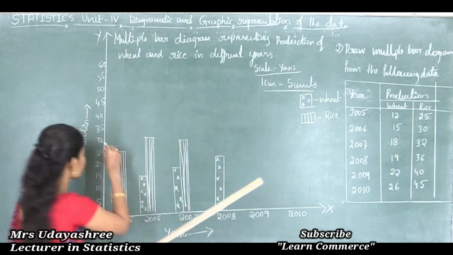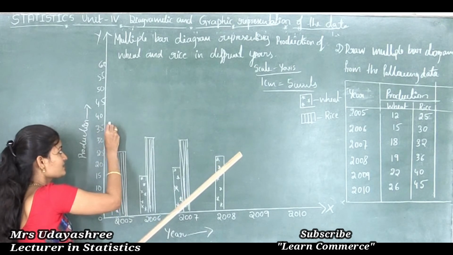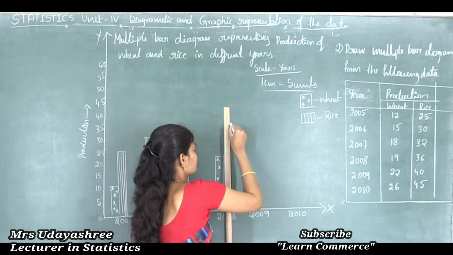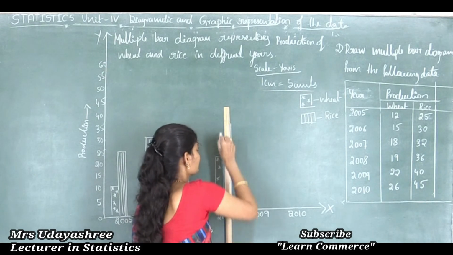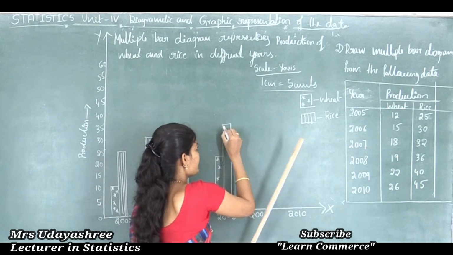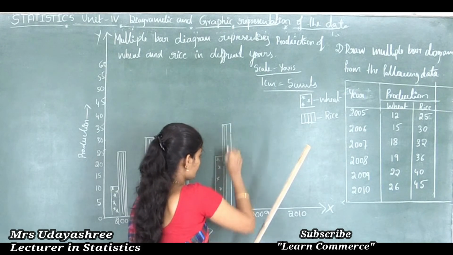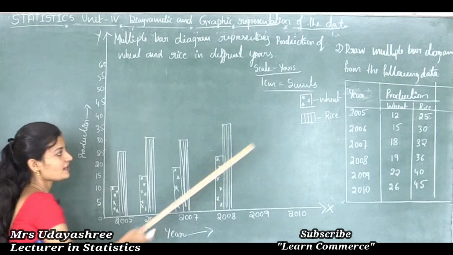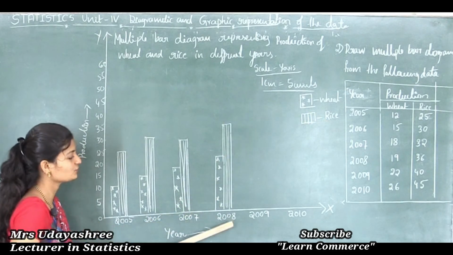So 30 is here, 35 is here, 36 comes here. We draw one bar, and this bar indicates the production of rice in the year 2008.